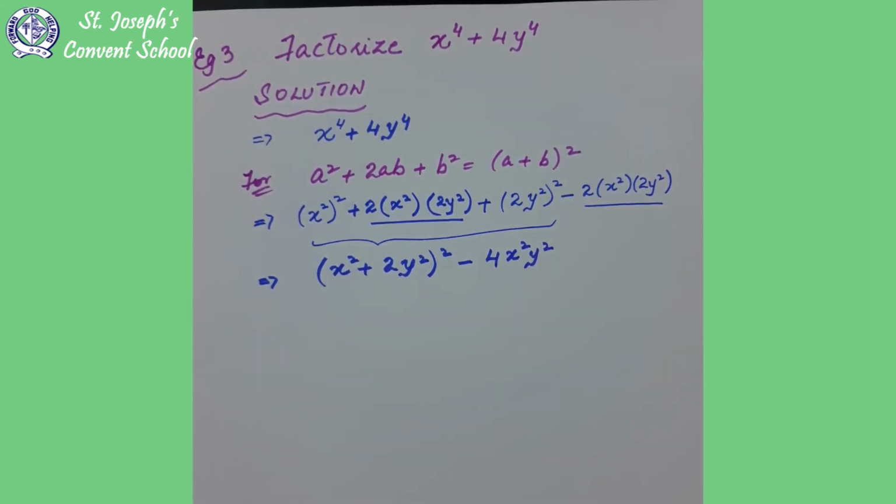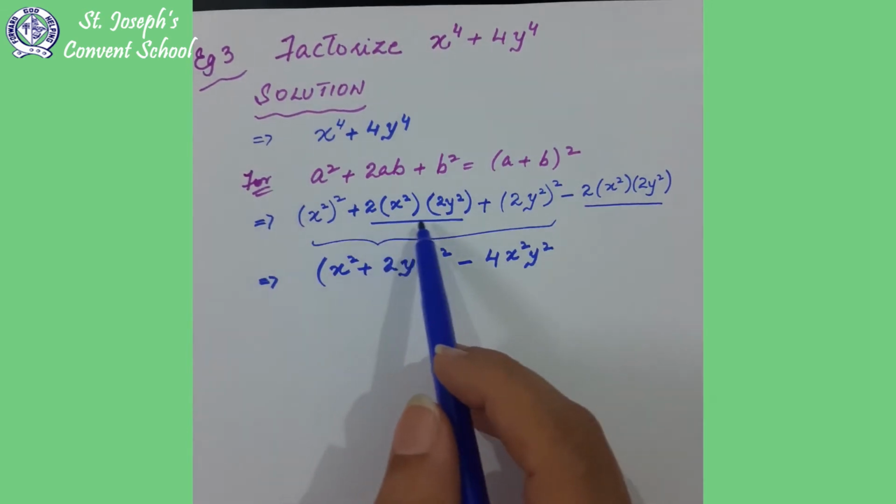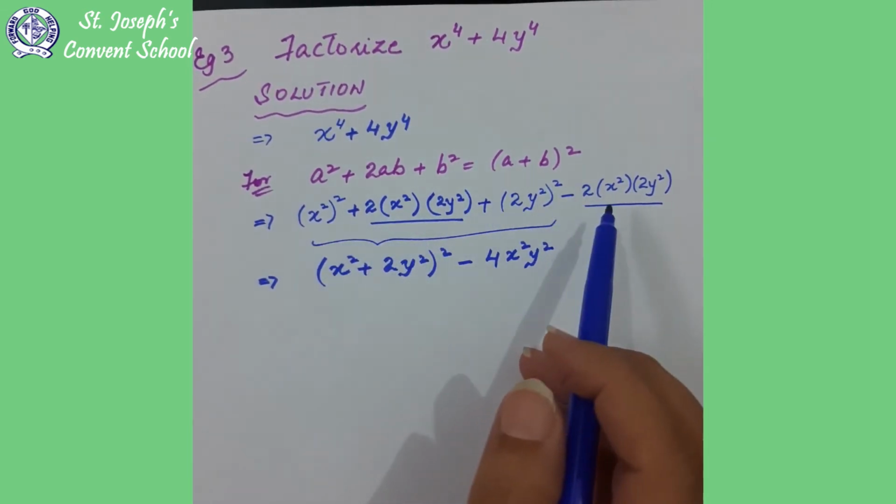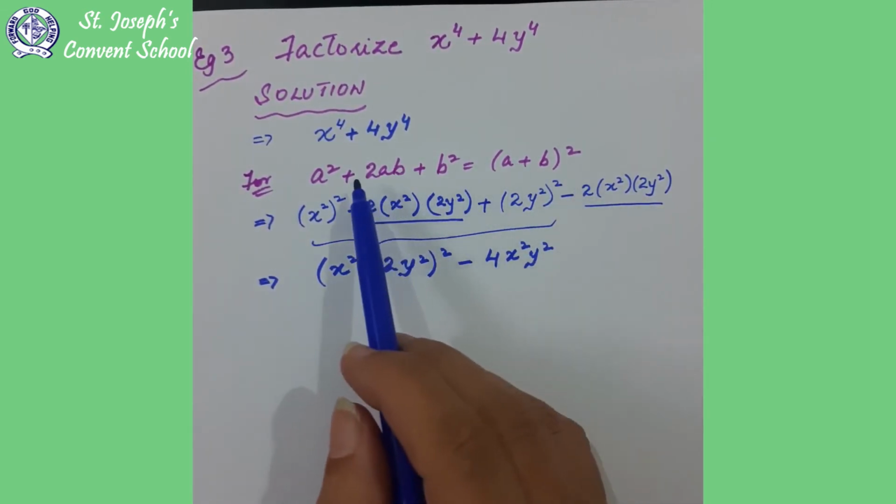So first step is complete. We have applied the formula, we have arranged it according to the formula. Middle term was missing, find the middle term. Whatever you add, same thing you subtract.